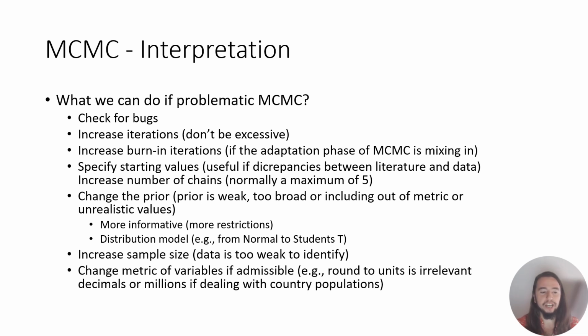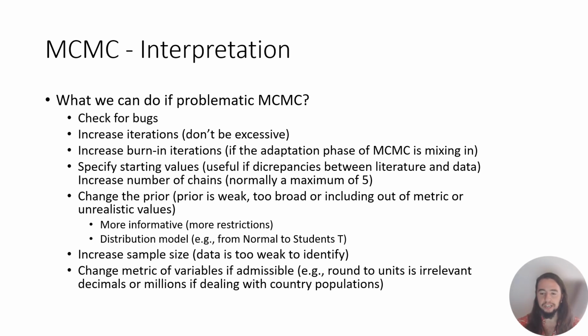You can also change the distribution model, for example shifting from a normal distribution to a Cauchy or Student's t distribution and see if this improves the situation. Another thing to try would be to truncate a distribution. For example, if you are expecting values between -1 and 1, you can use a truncated normal as the prior, making it easier for the MCMC not to stray outside these values.